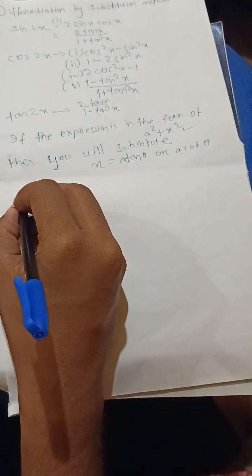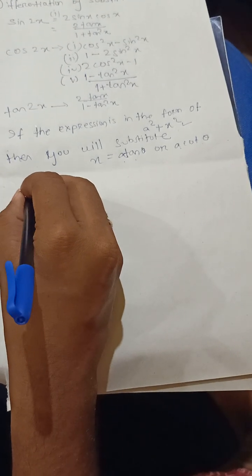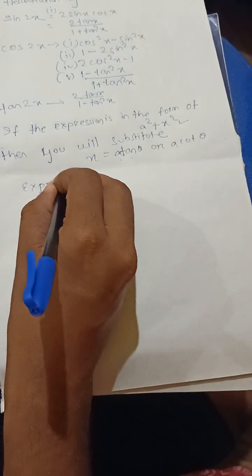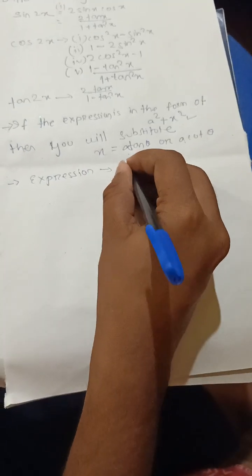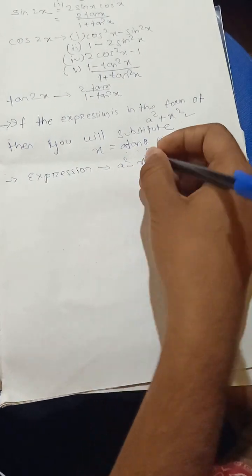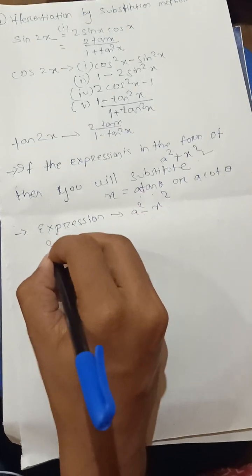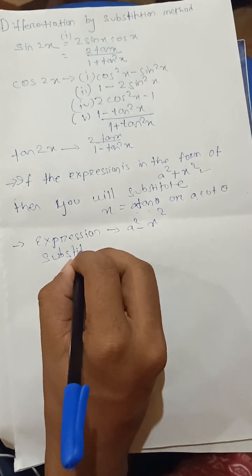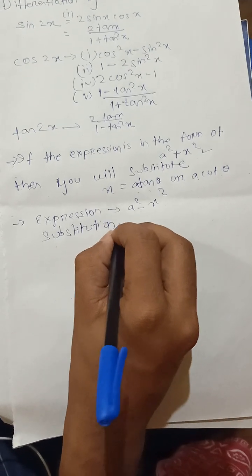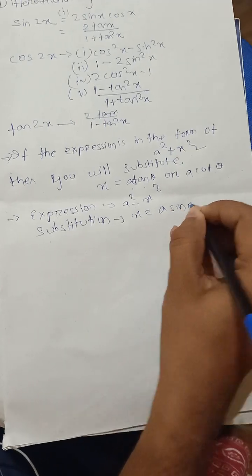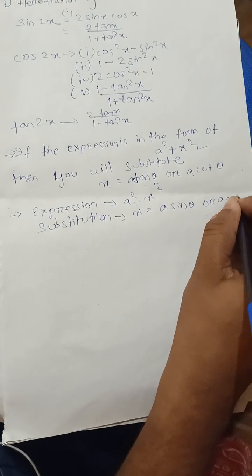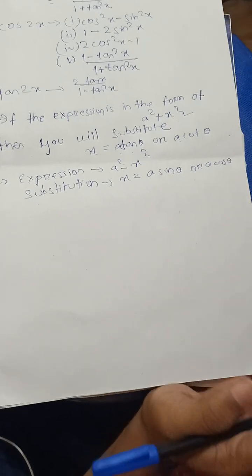If the expression is in the form of a square minus x square, it is the case of minus sign, whereas the earlier one is the case of plus sign. Then the substitution is x equals a sin theta or a cos theta. Okay.